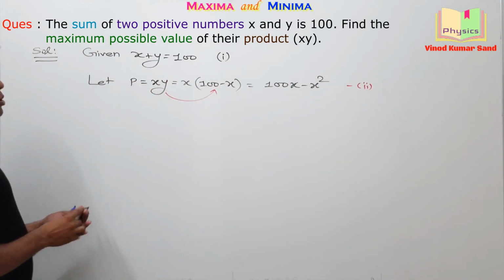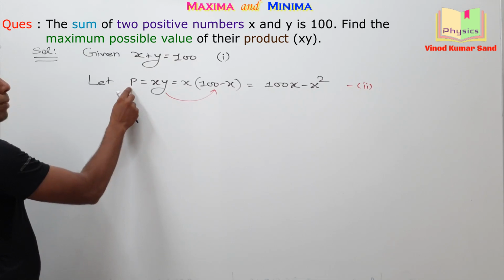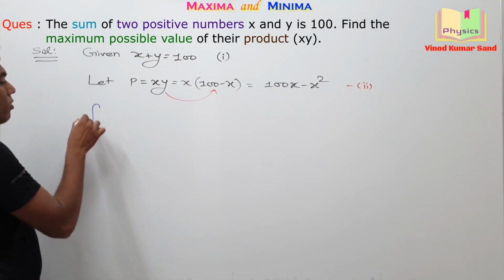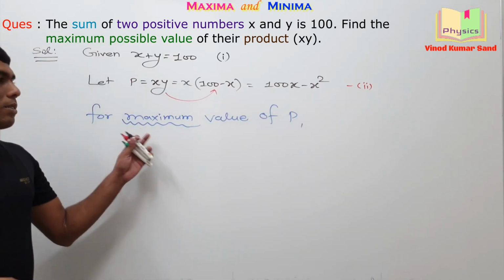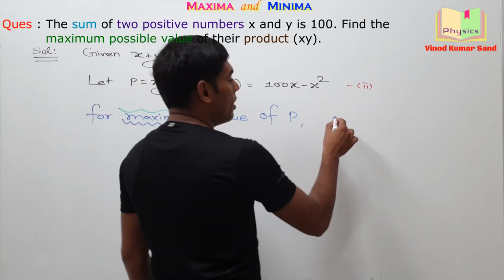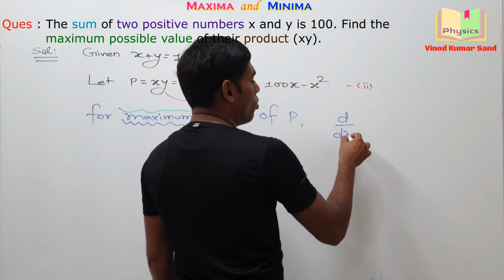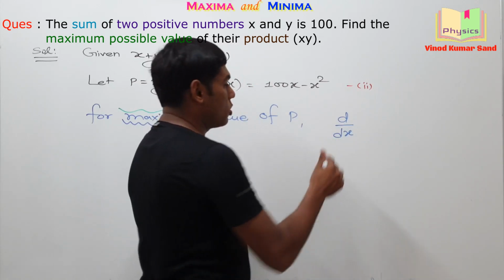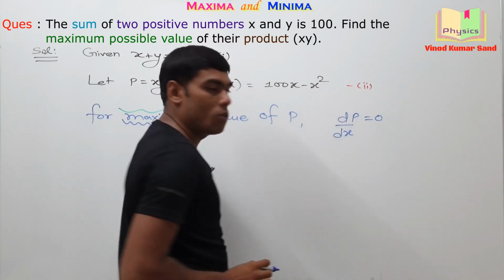Now, according to the question, you want to maximize p. For the maximum value of p, what should you be doing? Number 1, the slope or the first differentiation should be equal to 0.